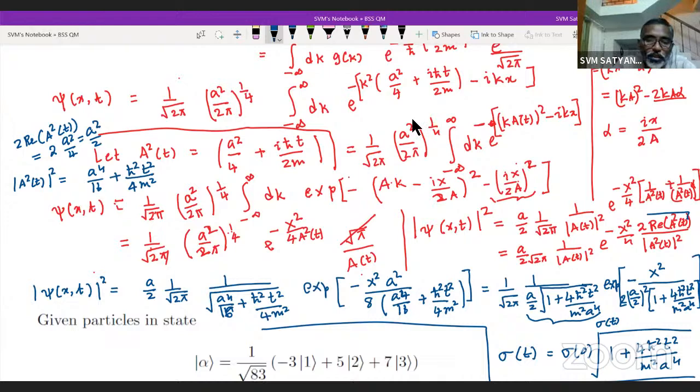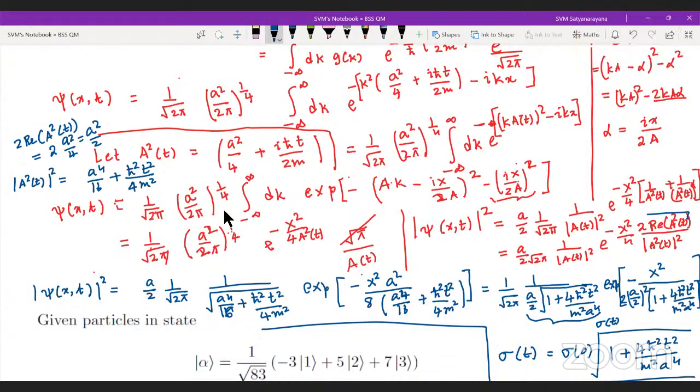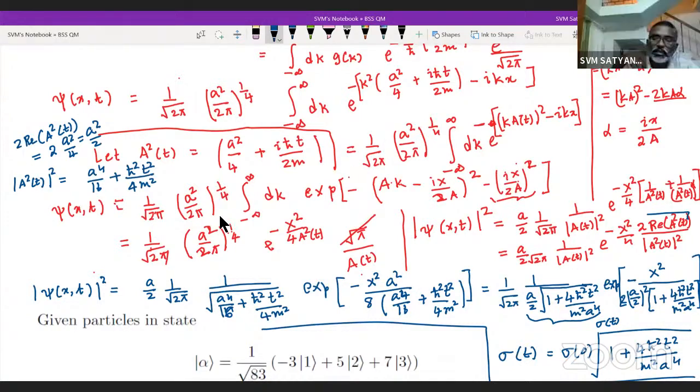So this means when you are starting, if the spread is very small, there are a large number of momenta involved in constructing this.